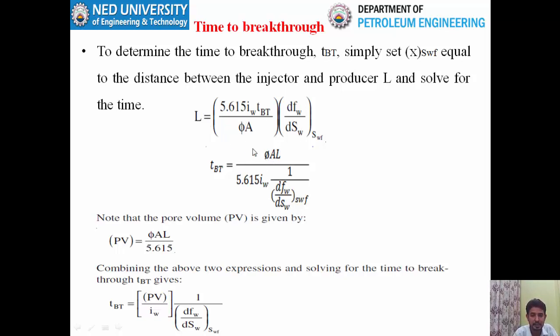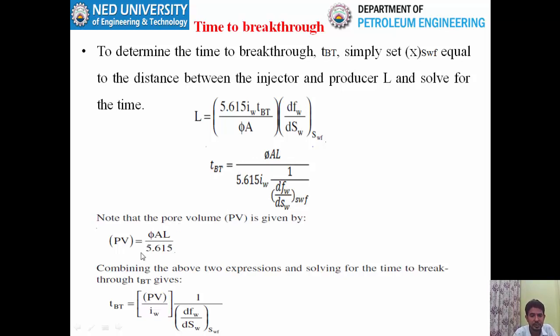So the equation becomes this, and from it you can calculate the time of breakthrough. To calculate it, you need porosity, area, L, the water injection rate, and the slope, which is calculated at SWF. So you can use this equation to calculate the time of breakthrough.